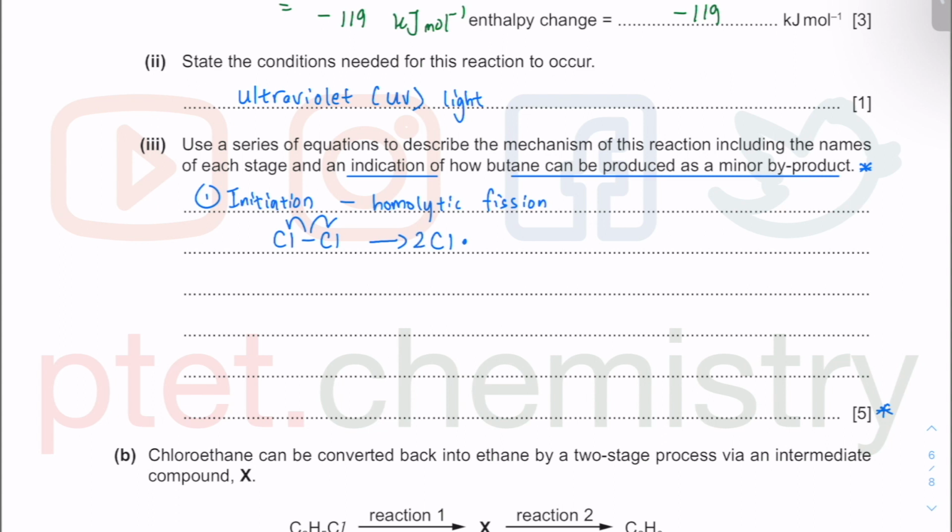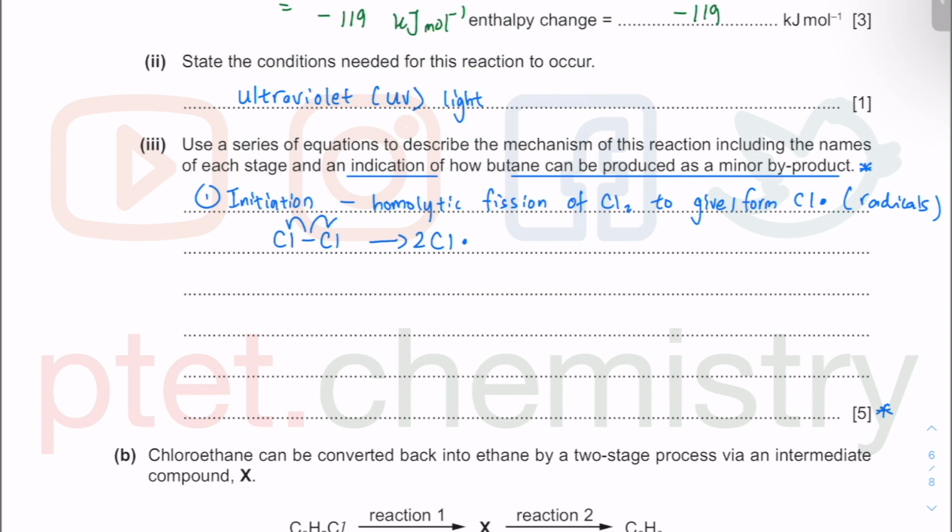This is called a chlorine free radical. So homolytic fission, equal breaking of these covalent bonds such that the bonding electrons are shared equally or split equally. Homolytic fission of the Cl2 to form chlorine radicals. So this is called a free radical, a species with an unpaired electron like that.